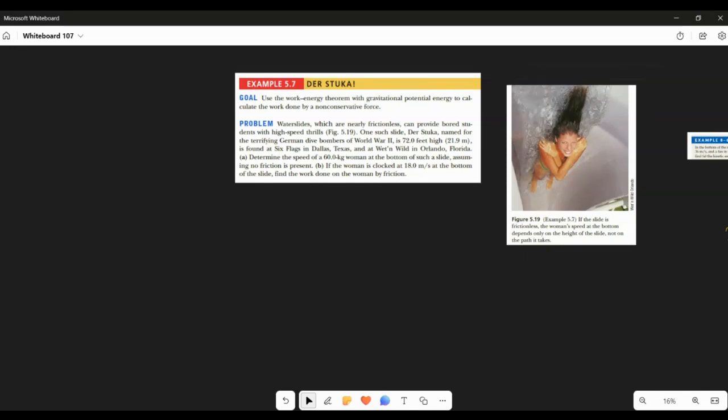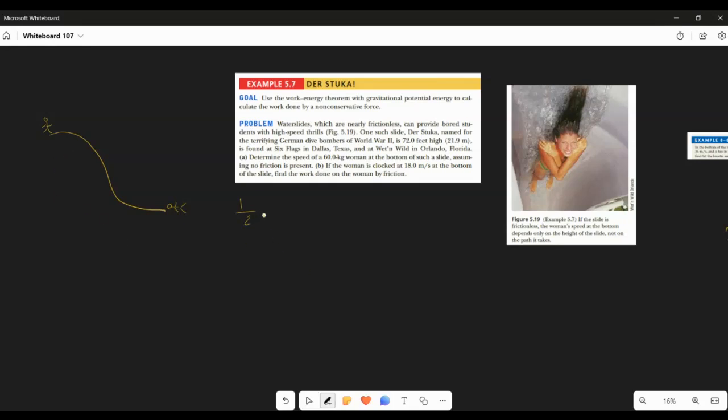We apply the same principle again of half mv squared. I don't know if we can all envision this problem. Just imagine a slide like this, someone over here, then they go down the slide, and they end up something like that. I hope you all get that.